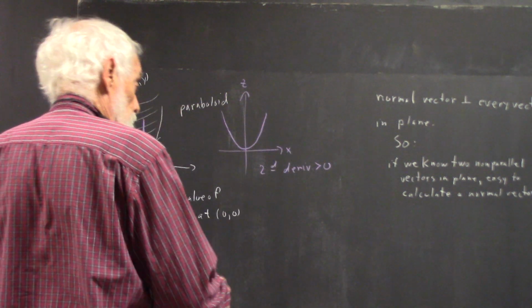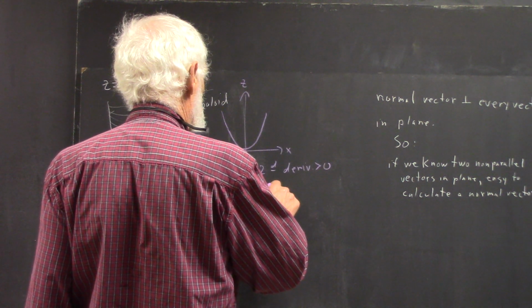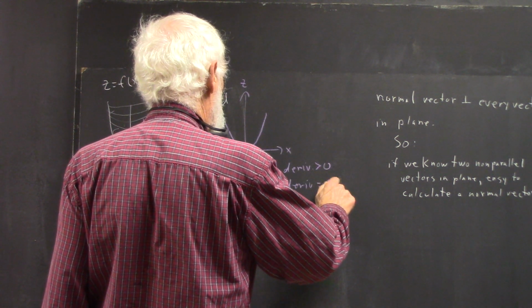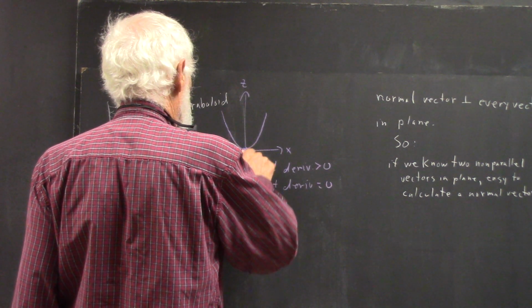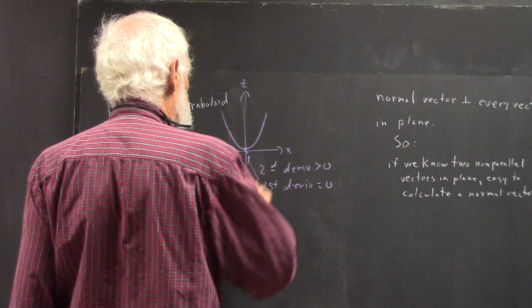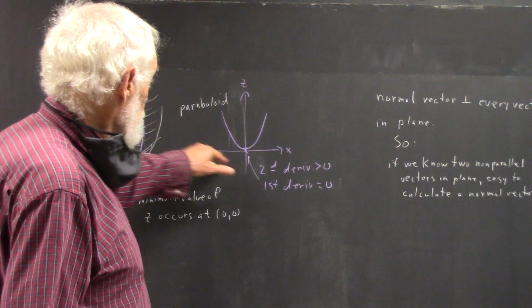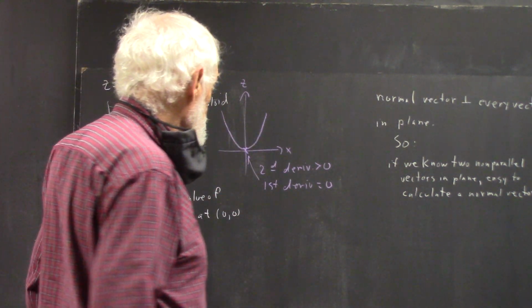The second derivative tells you the concavity. And at this point, the first derivative is 0. So there's your second derivative test for a minimum or maximum.